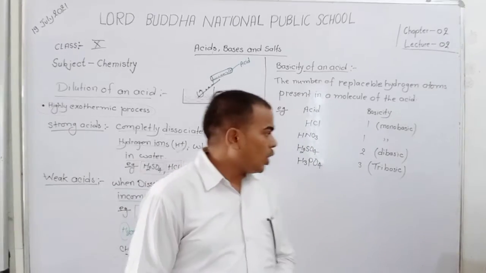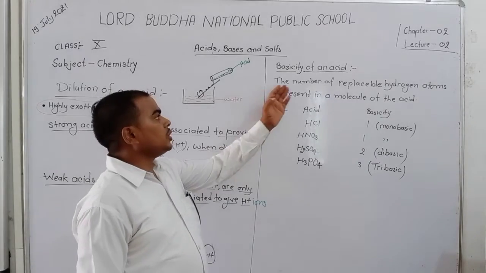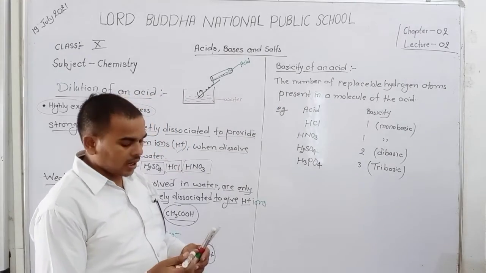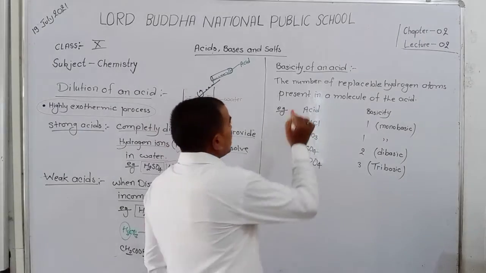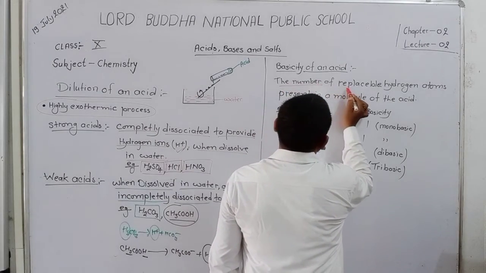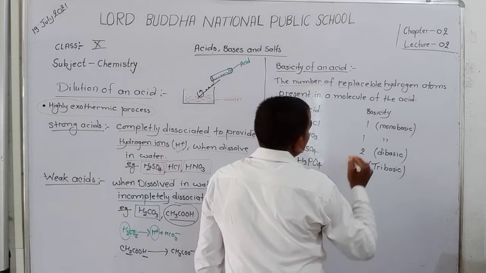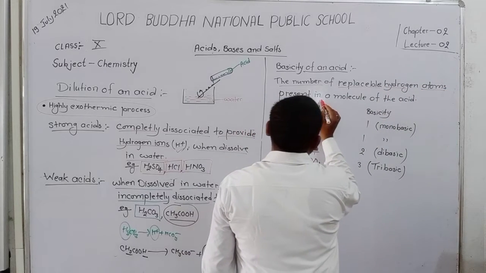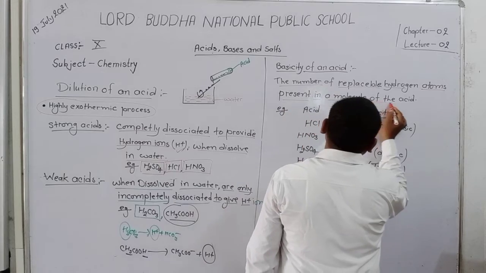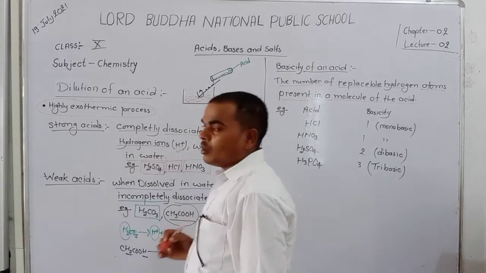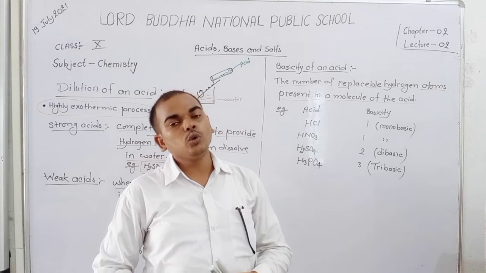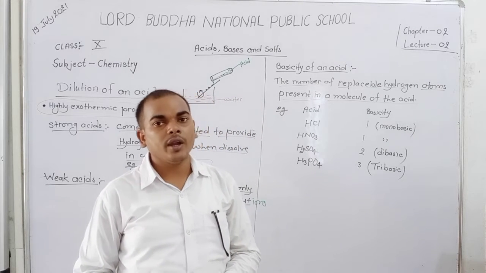Dear student, now discuss basicity of an acid. What is the basicity of an acid? Basicity is the number of replaceable hydrogen atoms present in a molecule of the acid.